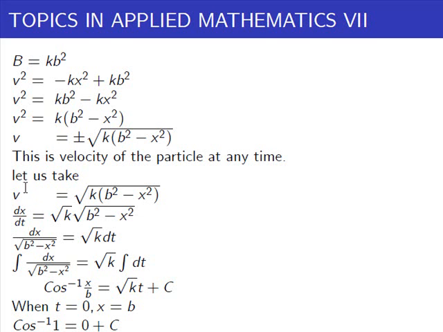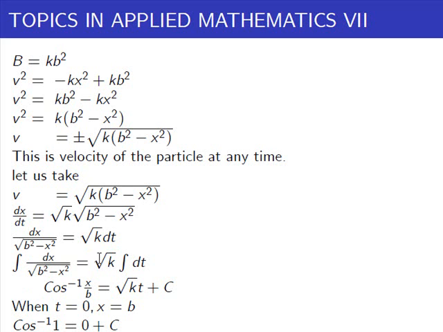Now we write velocity v as dx over dt. This is equal to square root of k times square root of B square minus x square, and we separate the variables. dx divided by square root of B square minus x square is equal to square root of k dt.